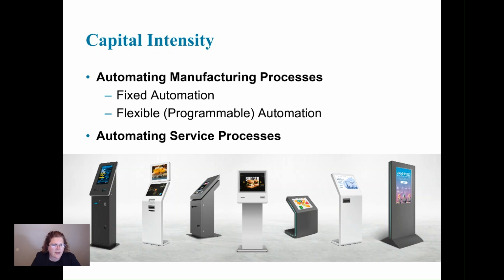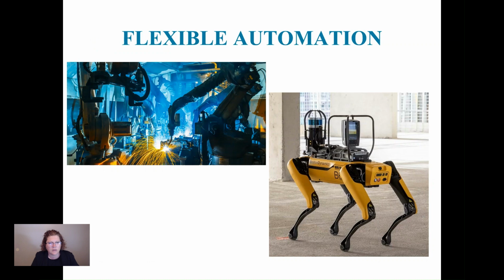But we also have options in manufacturing related to both fixed and flexible or programmable automation. So, flexible automation is our most expensive option. These are sophisticated robotics. They can be programmed to work autonomously, to do different types of jobs.